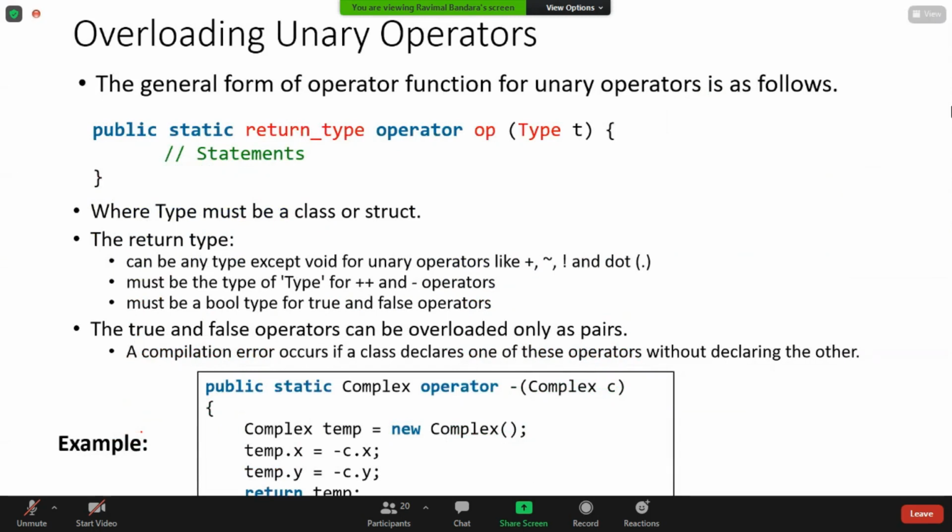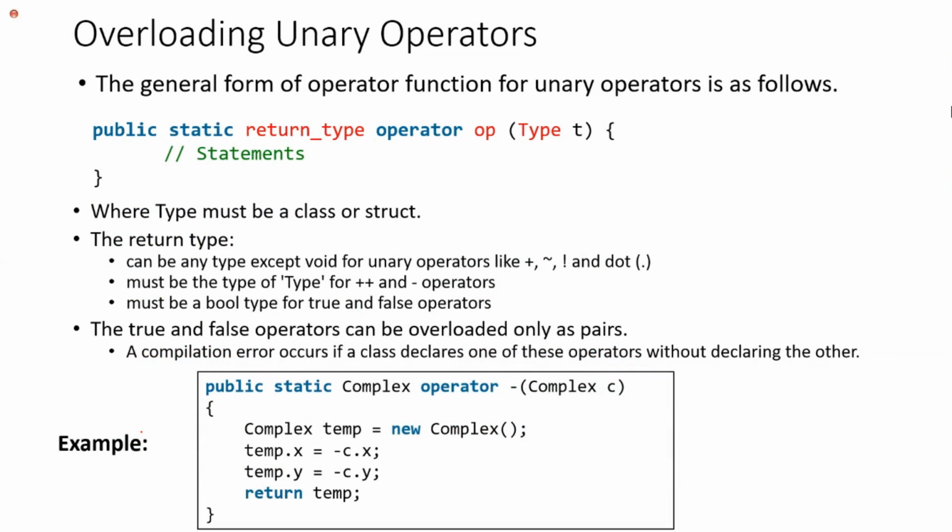Right, so let's see how you overload a unary operator. A unary operator means an operator which takes only one operand. See how you're doing it. Public static, as you know, the typical anatomy of operator overloading should be public and static.